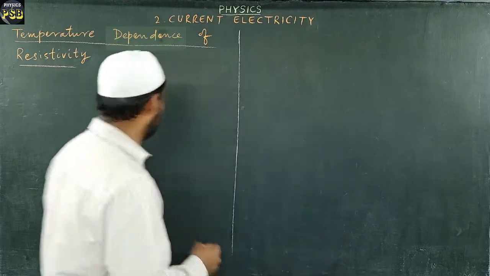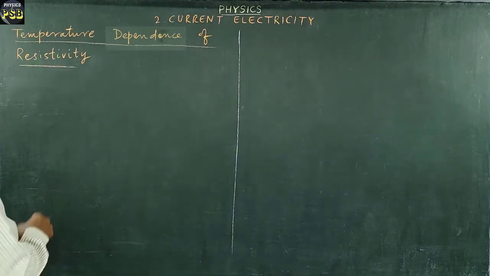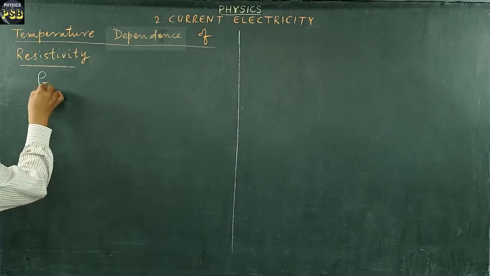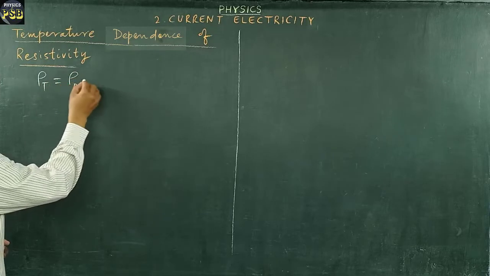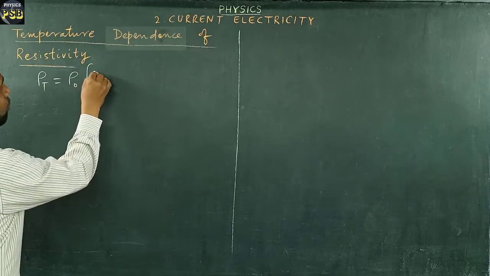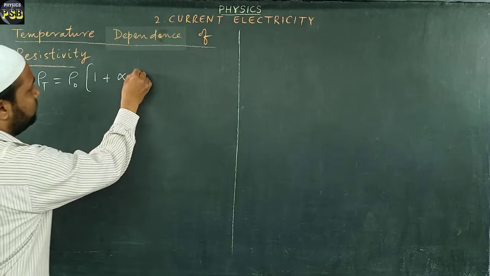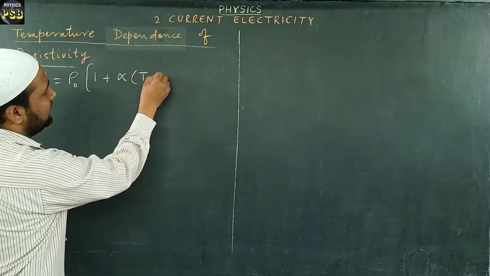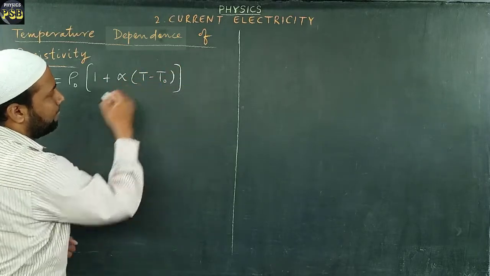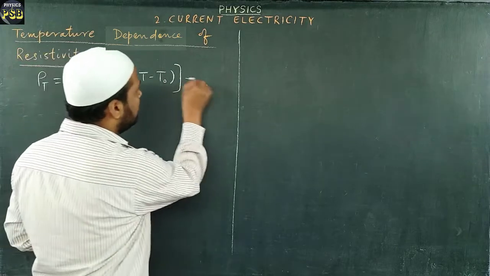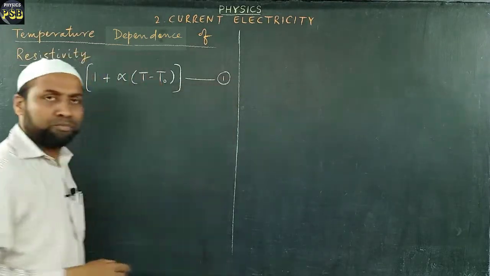According to the expression rho T equals rho naught into 1 plus alpha into T minus T naught. I take this as equation number 1.